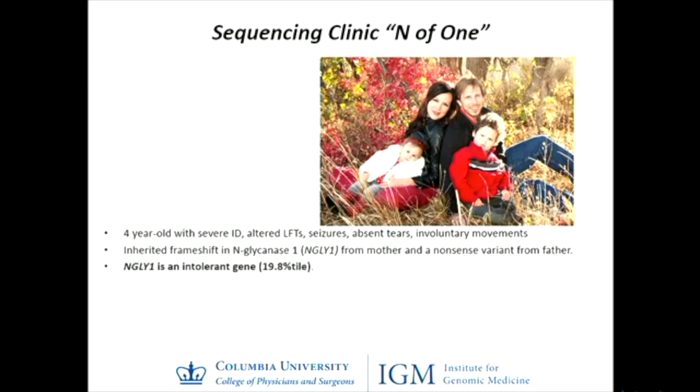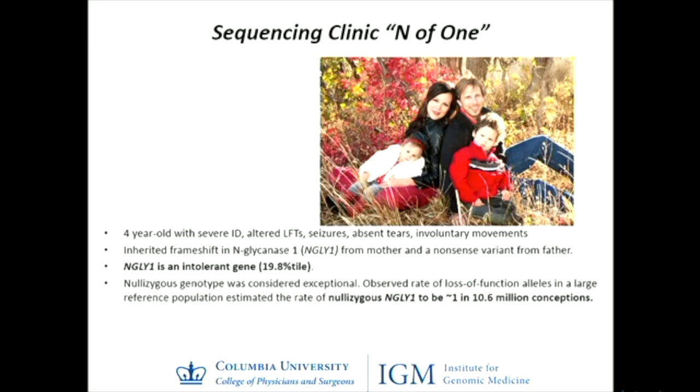NGLY1 itself is considered an intolerant gene, but more importantly, in the context of recessive genotypes, given how many loss of function alleles are floating around in the general population in NGLY1, the expected rate of seeing an individual have 2 of these is about 1 in 10.5 million conceptions.